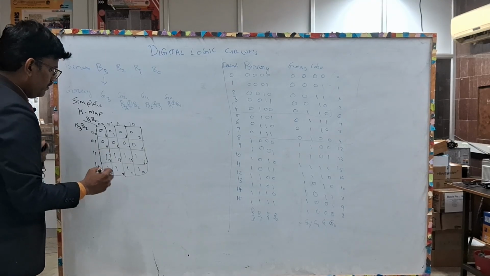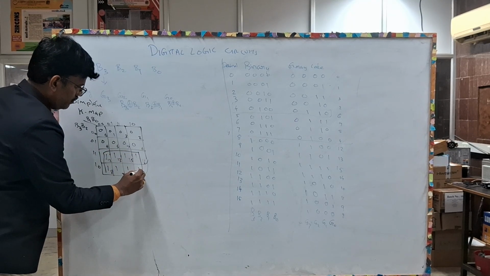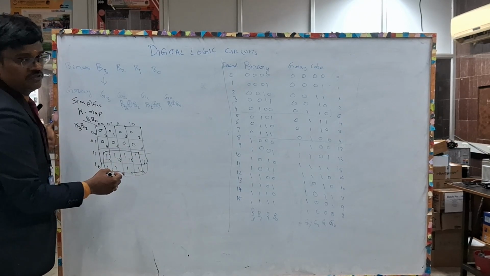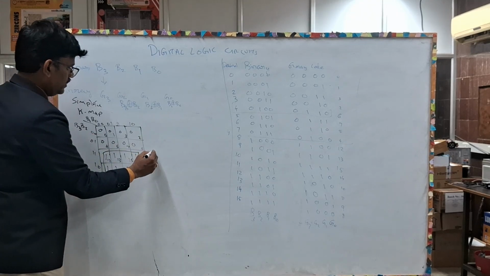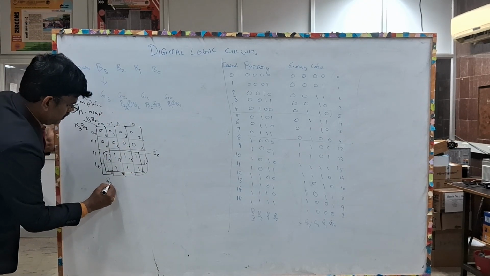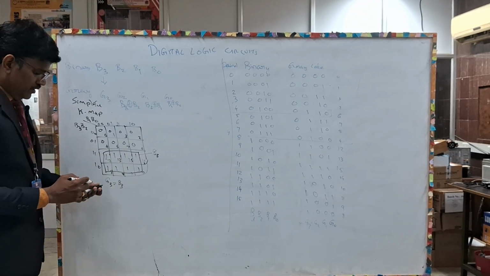When we simplify, we group the adjacent ones, going for the maximum number of adjacent ones. For this grouping, the answer is B3. Hence G3 is equal to B3.